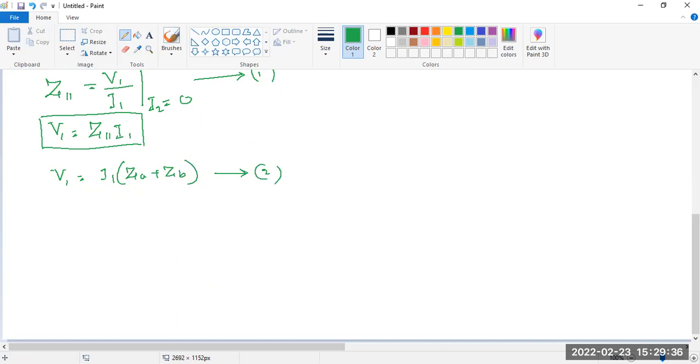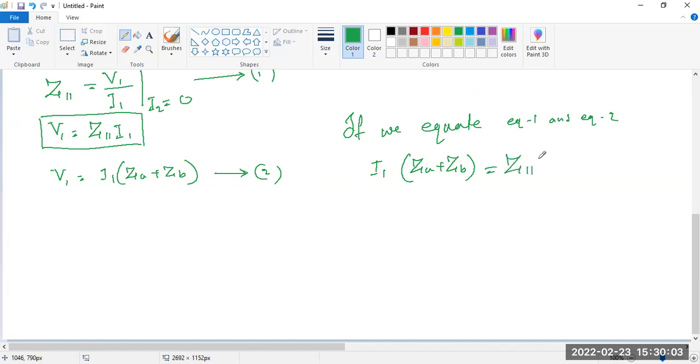If we equate equation 1 and equation 2, then I1 ZA plus I1 ZB is equal to Z11 into I1.